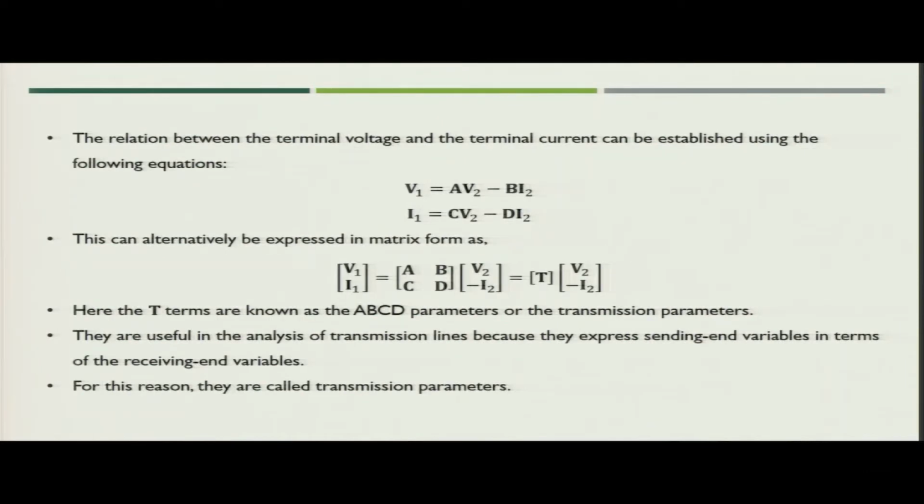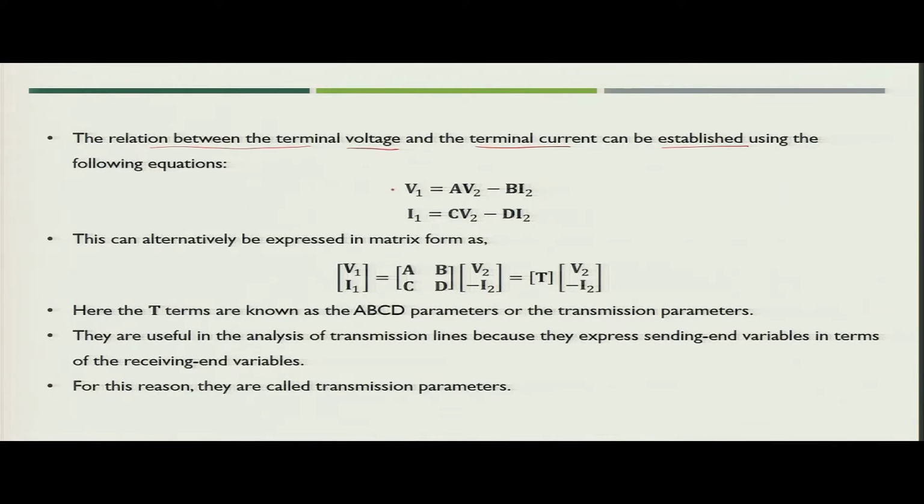So, how will we relate these ABCD parameters with the circuit variables? The relationship between terminal voltage and terminal current can be established with the help of two equations.